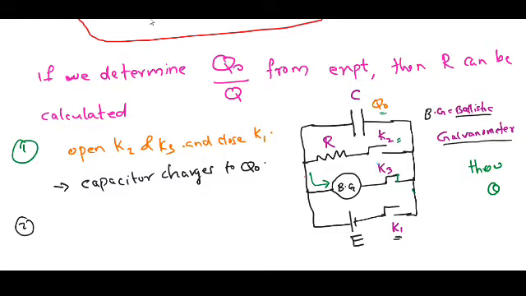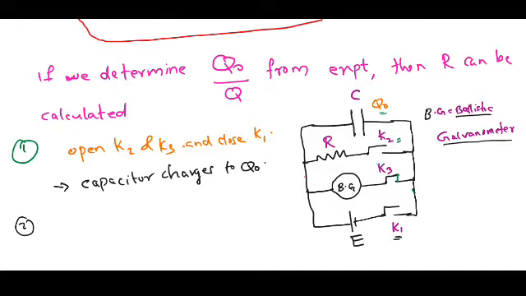Theta will be proportional to the value of the current I flowing through the circuit. To get more information about the ballistic galvanometer, I request you to go through the link that I have given in the description box. Simply, we can understand the ballistic galvanometer is a device that is used to detect the presence of the current in the circuit.